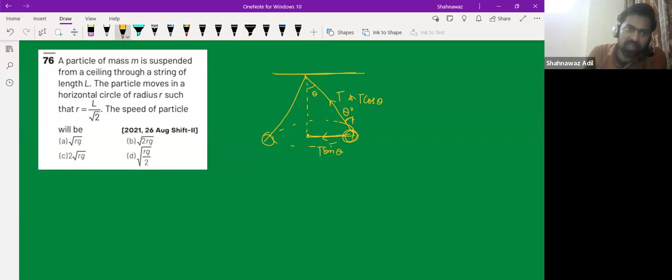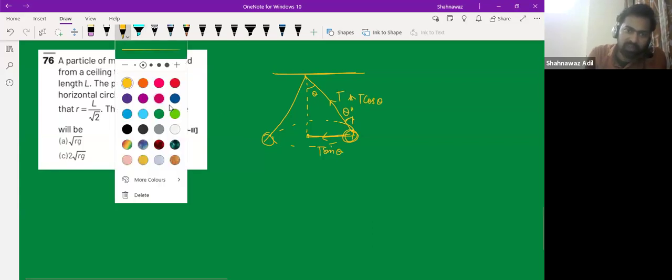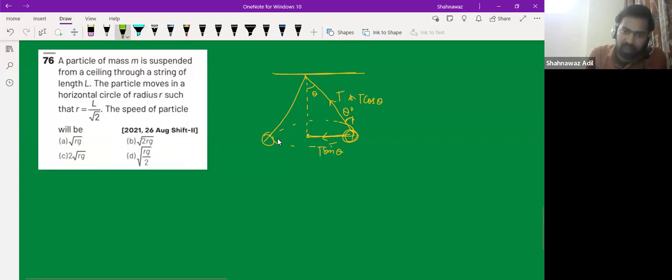And we know what this radius is. This radius is L by root 2.